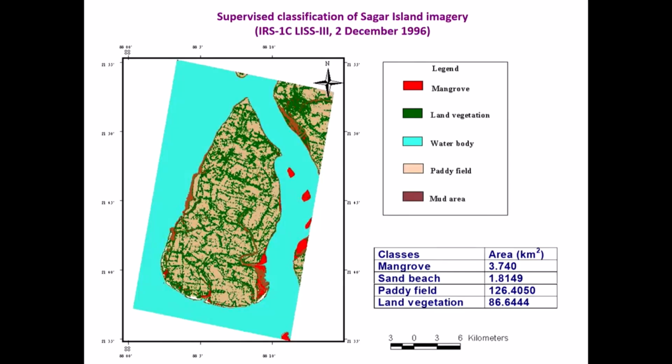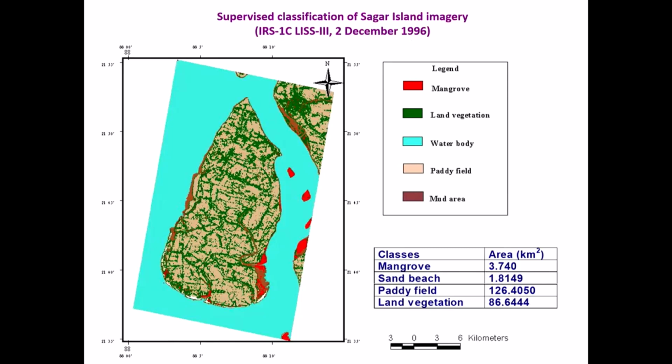Apart from that, you can utilize the satellite data for classifying the image, where you can find out the mangroves, the water body, and other land vegetation and mud flats, etc. So once you have mapped it using supervised or unsupervised classification, you can find out the areas available in the coastal region, and later on you can take satellite data of some other date and map again, and the difference will give you the amount that is getting eroded in a particular thematic class.